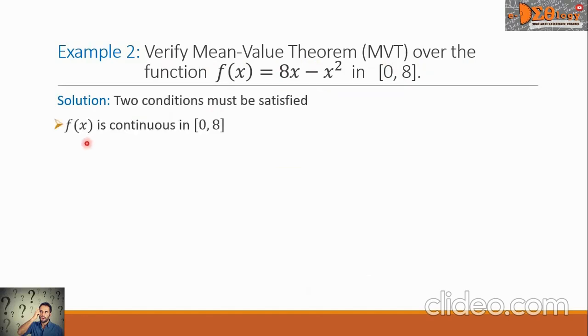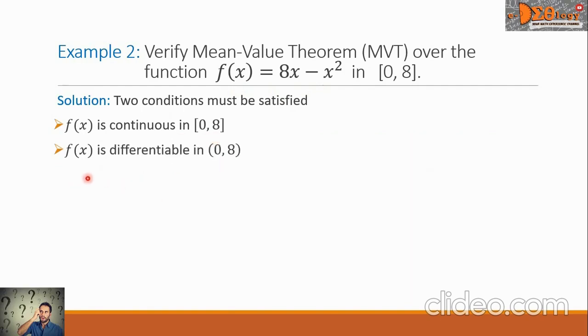First one, f of x is continuous in the closed interval from 0 to 8. We observe that our function is a polynomial function, and we know that a polynomial function is continuous. So we say that f of x is continuous in the closed interval 0 to 8.